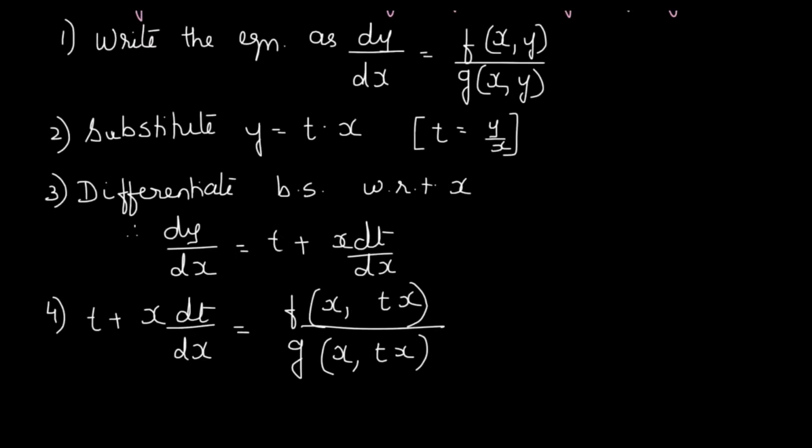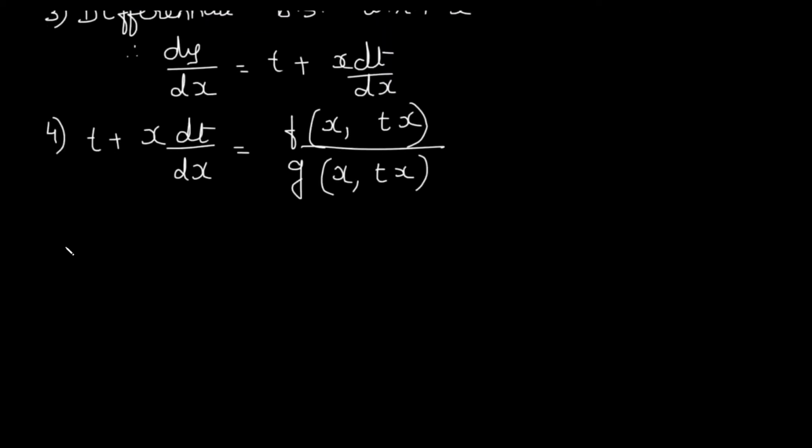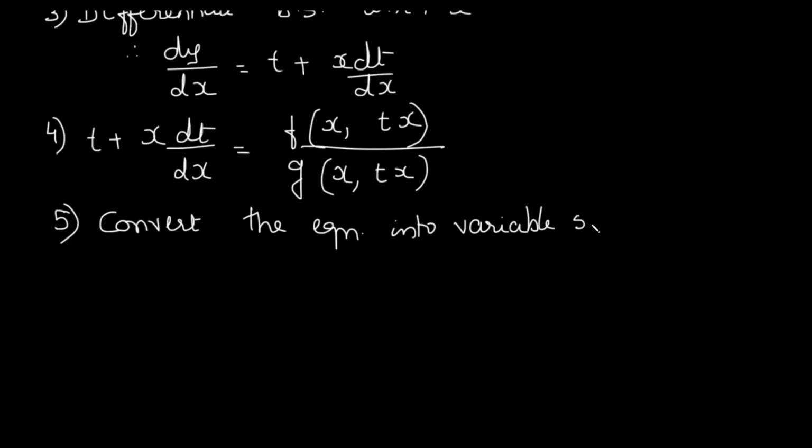Now this step you'll understand when we do certain examples, when we actually do the sums. But then the next step, the fifth step, is to convert the equation into variable separable form.